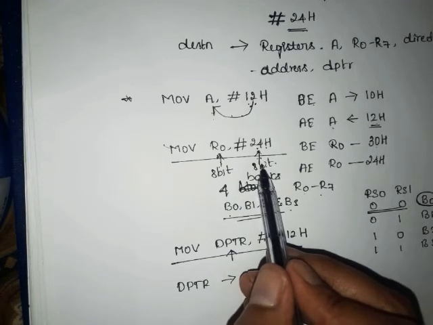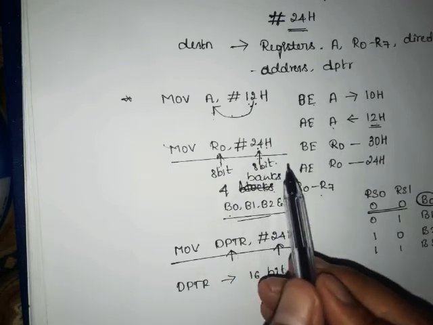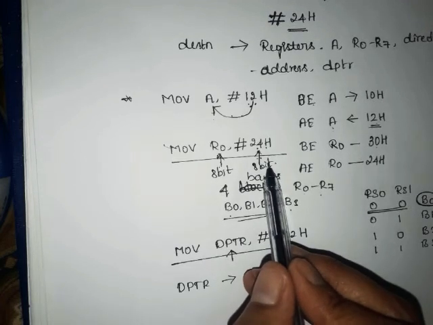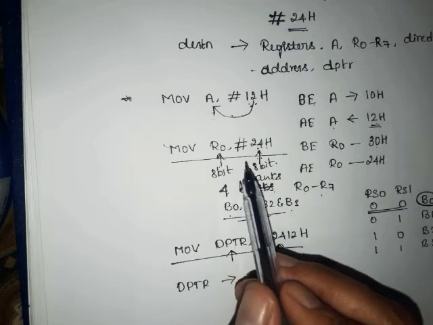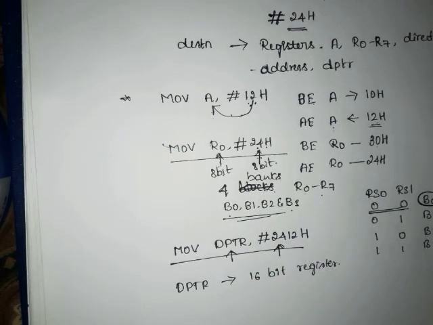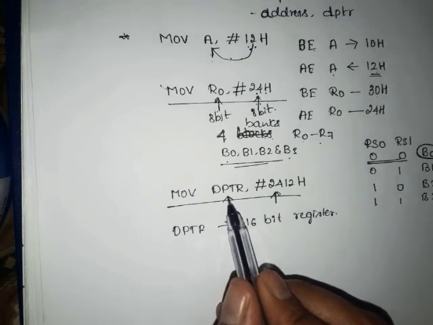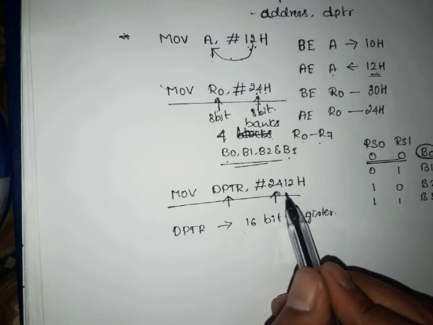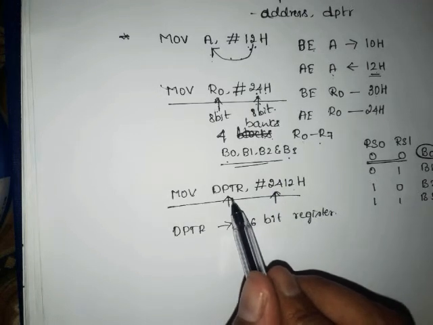If it is 16-bit data we are going to move to a register of 8-bit, it is not possible. Therefore source as well as destination both should have the same size. Then only we can use immediate addressing mode. Here also DPTR is a 16-bit register, so we are moving 16-bit data to DPTR.